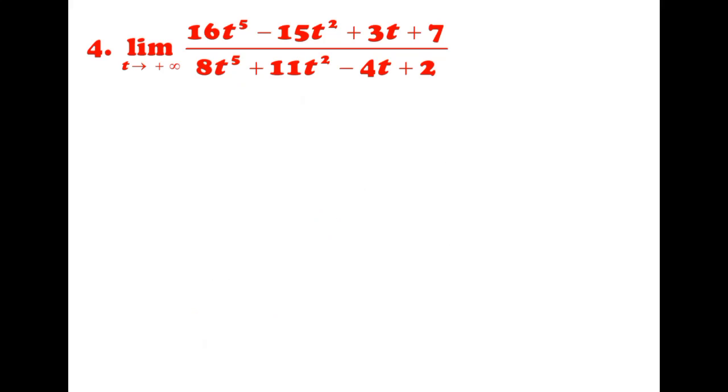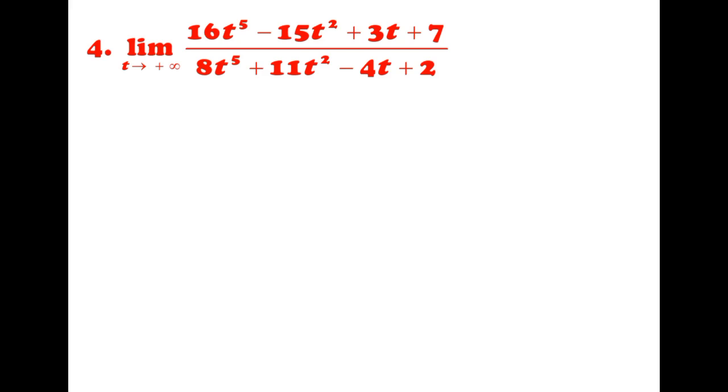So the given problem for number 4 is 16t to the 5 minus 15t squared plus 3t plus 7, all over 8t to the 5 plus 11t squared minus 4t plus 2, as t approaches positive infinity.